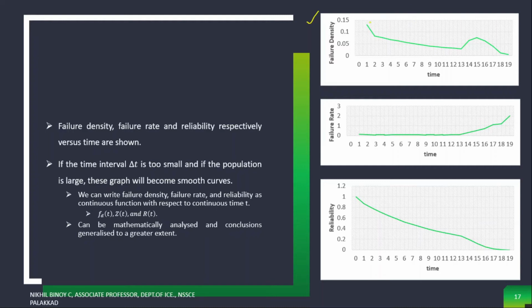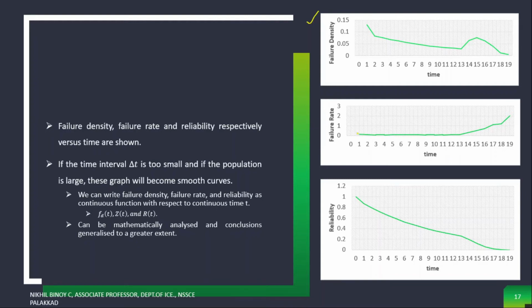So you can see that initially the slope is more, then it is almost linearly decreasing, or exponentially decreasing. Actually, it is exponentially decreasing. Then we have a curved part, then it reduces to 0. So this one is failure density. Now the second one is failure rate with respect to time.